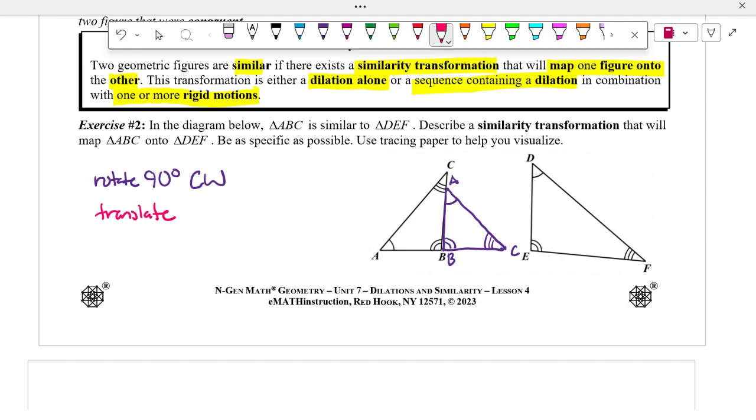We're just going to say that we're going to do a translation somewhere in there. And what do you think the last thing's going to be? We would dilate by some scale factor. And we don't know what that is, but we do know that the scale factor will be greater than 1. Why would I say that the scale factor has to be greater than 1?